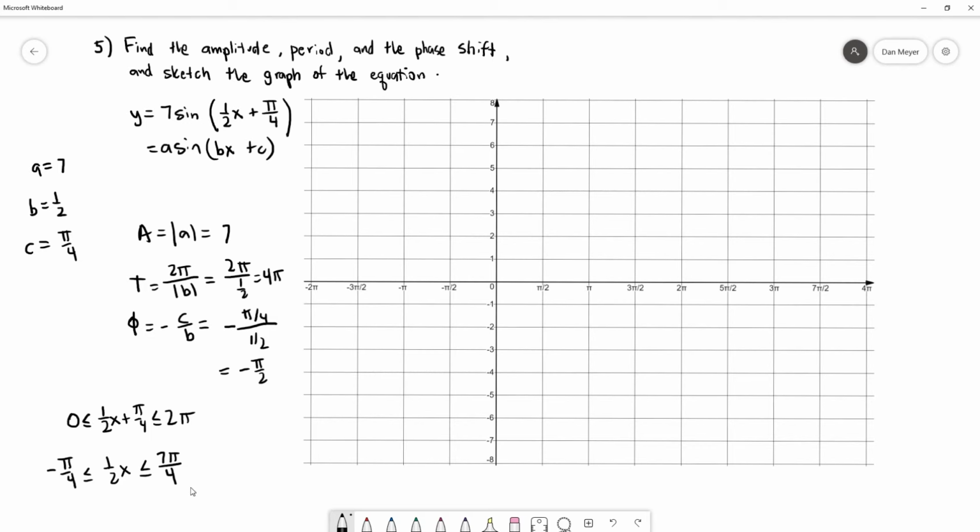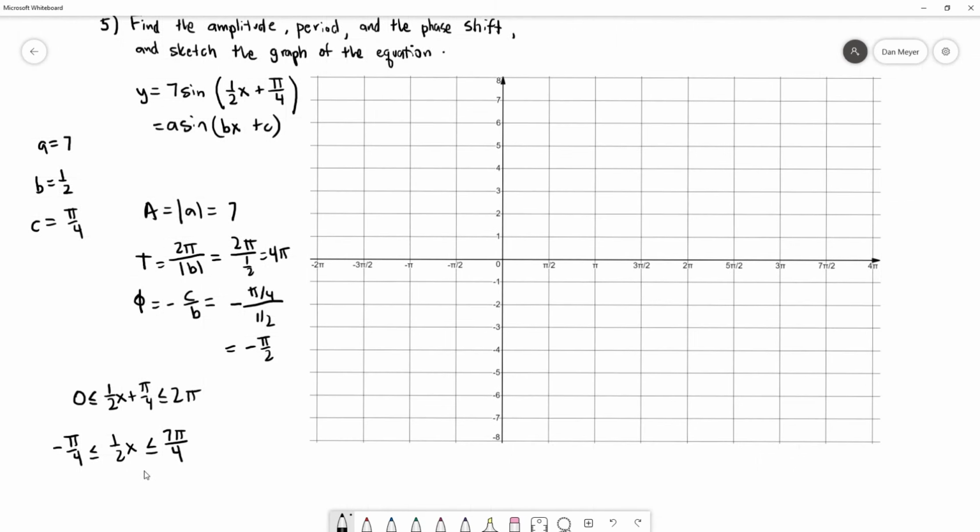With inequalities, you can always add or subtract anything from all sides and nothing weird happens. When you're multiplying or dividing, you have to pay attention to whether you're multiplying or dividing by negative numbers. Here we want to multiply by 2, and since it's a positive number, it doesn't change the direction of any of the inequalities.